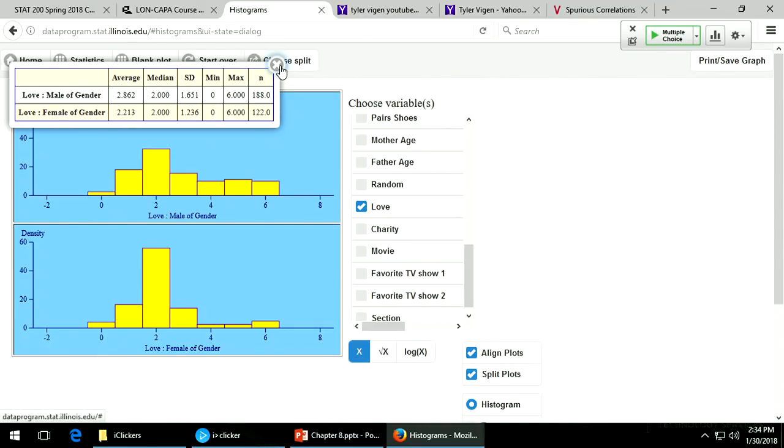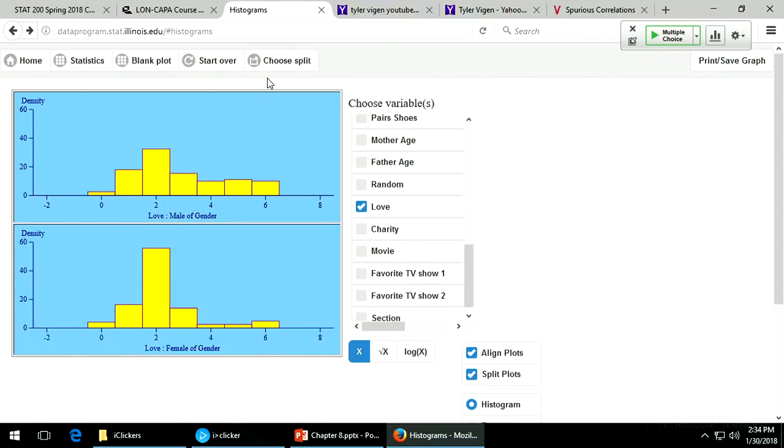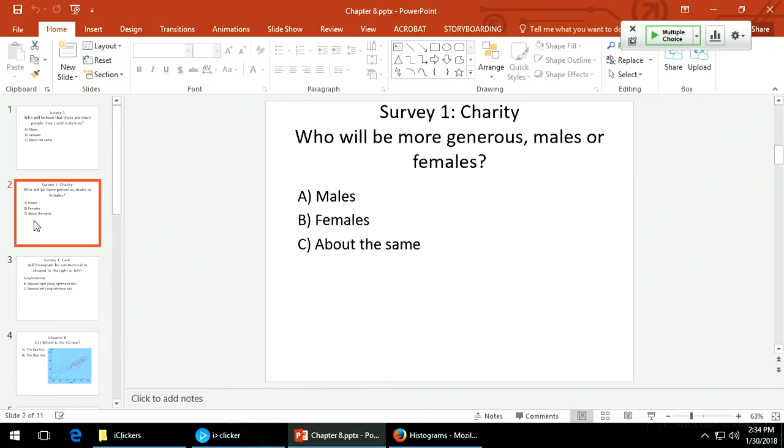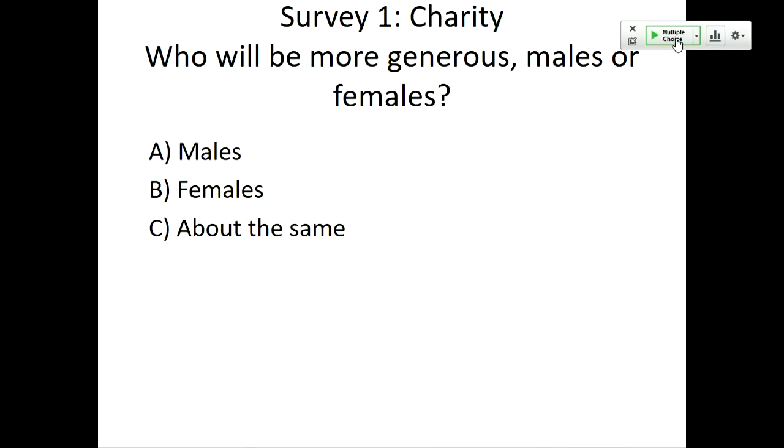All right, the next one we can look at is on the iClicker. Let's just do this next one. Okay, we'll start it. Who's going to be more generous, males or females? That was how much money you'd give away to save the lives of children who would otherwise die.